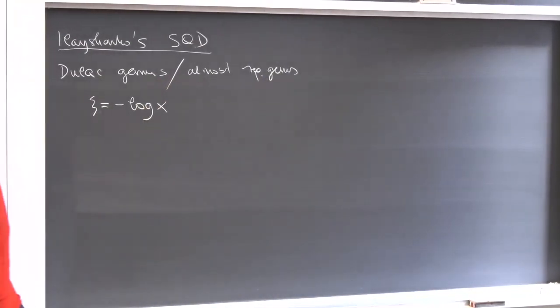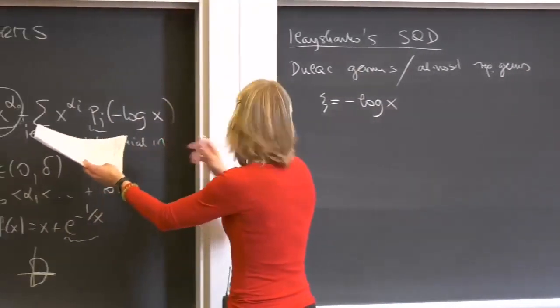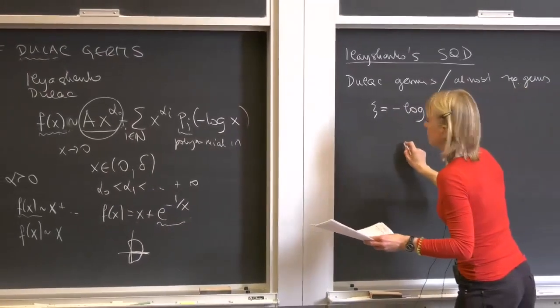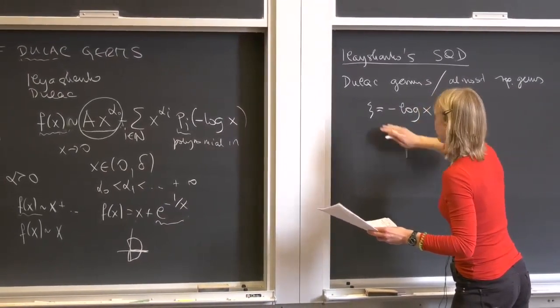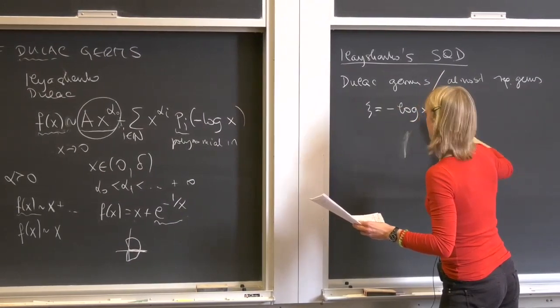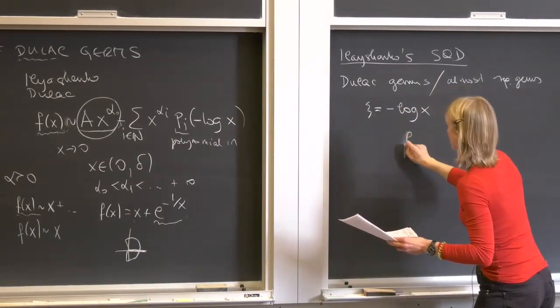So passing to this chart, what I do is a change of variables. Let's say psi equals minus log x, I change variables on both sides.